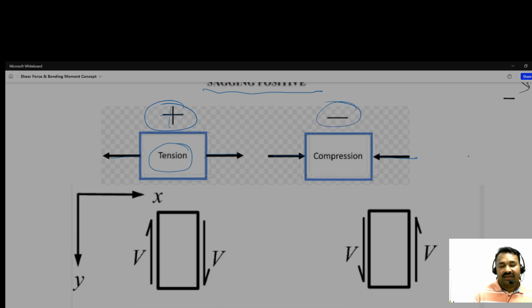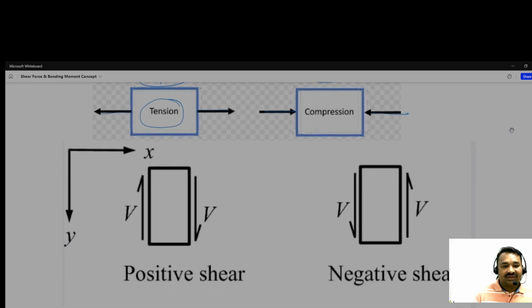Okay, once again see here positive shear and negative shear, we are repeating the same again and again so that you can remember. Now see positive shear, you can see this direction, this is the x and this is the y. So better to remember this.